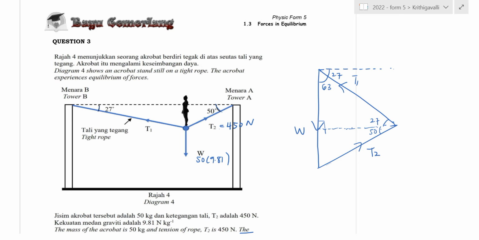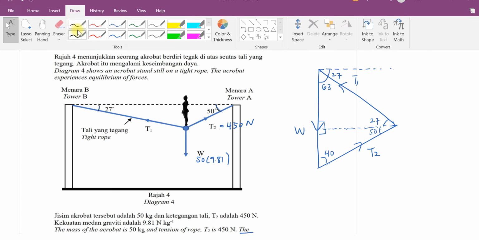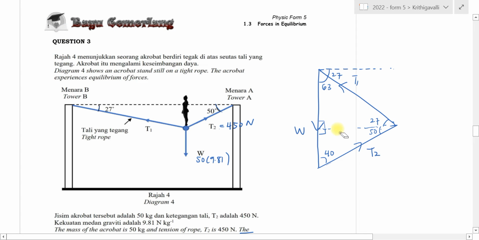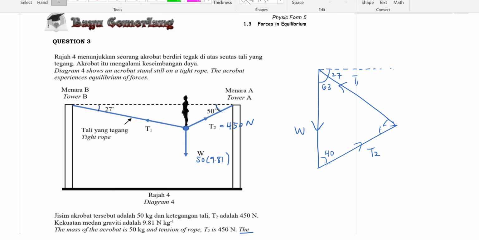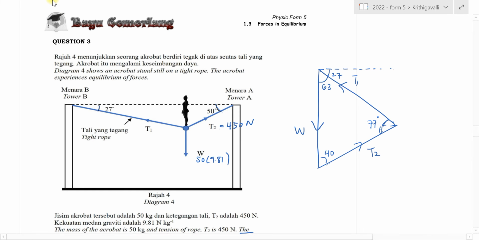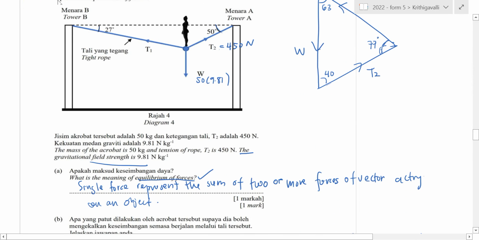And here 50, here 90, here definitely 40 degrees. Then you should erase the other ones you don't want, and make it 50 plus 27. So 77 here. T1, T2. Everything ready, right?